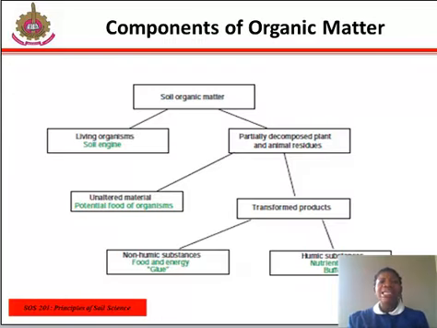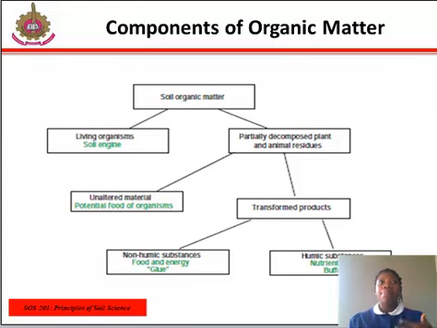Organic matter is made up of different components that can be grouped into 3 major types. 1. We have plant residues and living microbial biomass. 2. We have the active soil organic matter, which is also referred to as detritus. Thirdly, we have the stable soil organic matter, which is often referred to as humus.